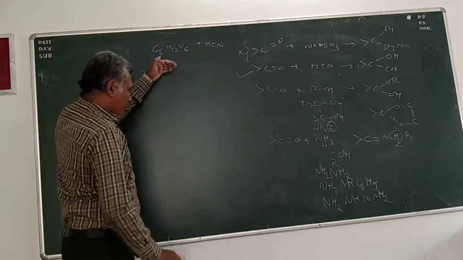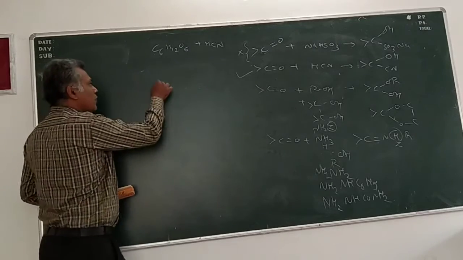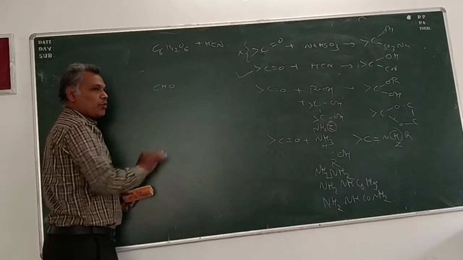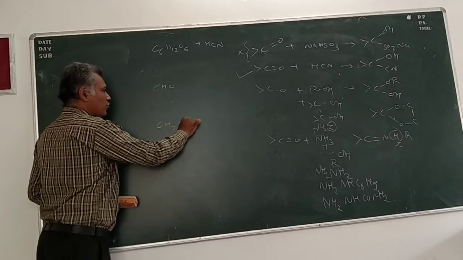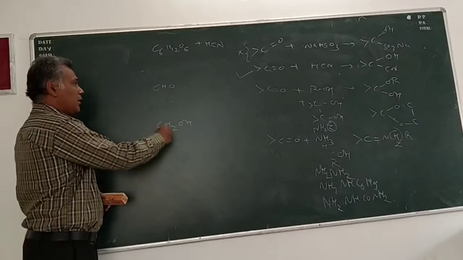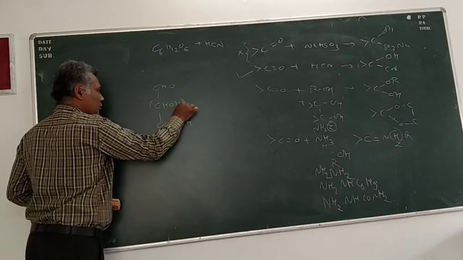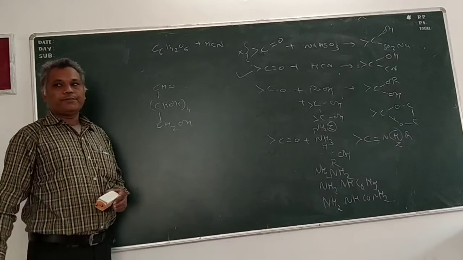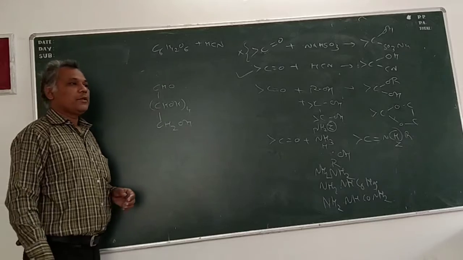Now every time, drawing this structure is difficult. So what we are doing is, the CHO group is there, that is fixed. The last group is CH2OH, that is also fixed. And in between you have CHOH four times.